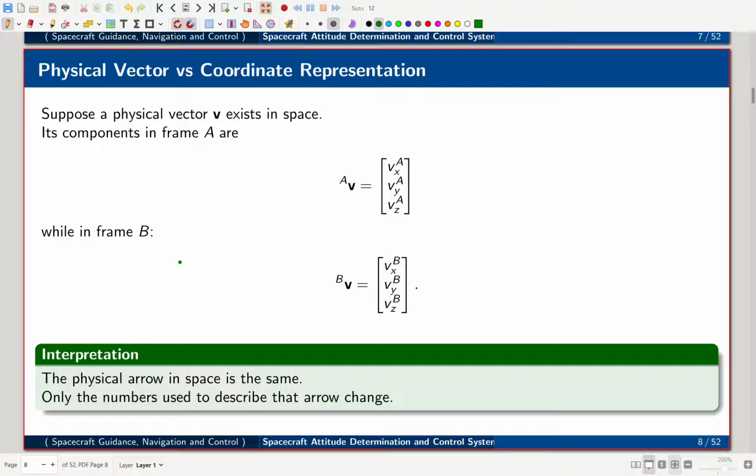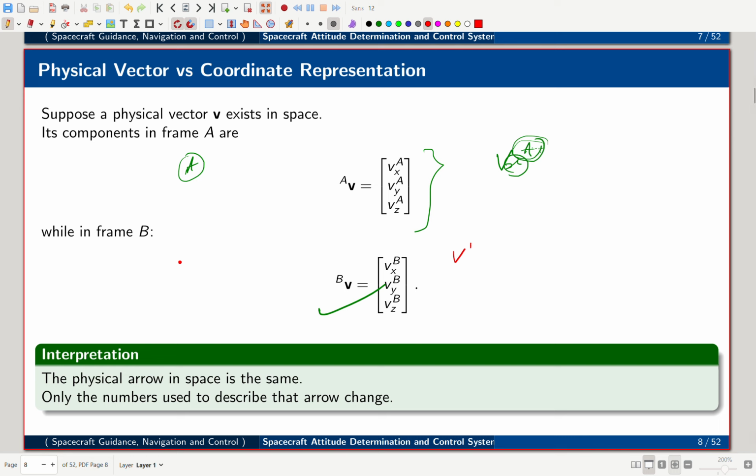So, physical vector and coordinate representation. Suppose a physical vector B exists in space, with its components in frame A. So B in reference frame A, let us say we have the velocity component. So we are presenting it like that. This is the x-axis, and this is about frame A. While in frame B, this is frame B. So this is a way we can present it, because there is not only one frame.